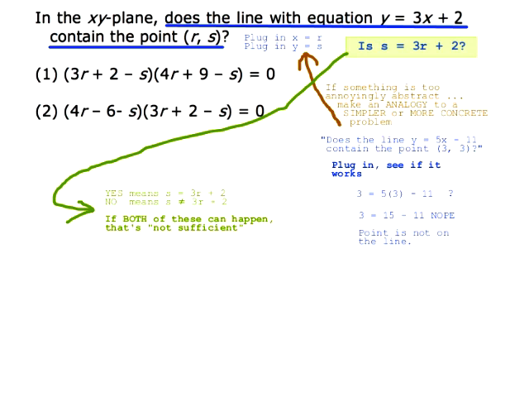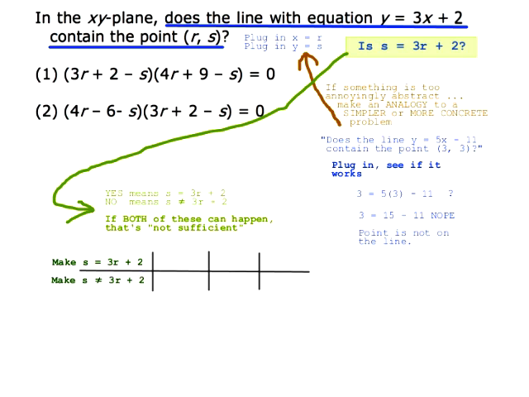In the sessions that we have recorded on yes/no data sufficiencies, we introduced this device where you write those two outcomes and make spaces for checkboxes. The yes outcome would be that you can make S equal to 3R plus 2. The no outcome would mean that you can get S to be anything other than 3R plus 2.